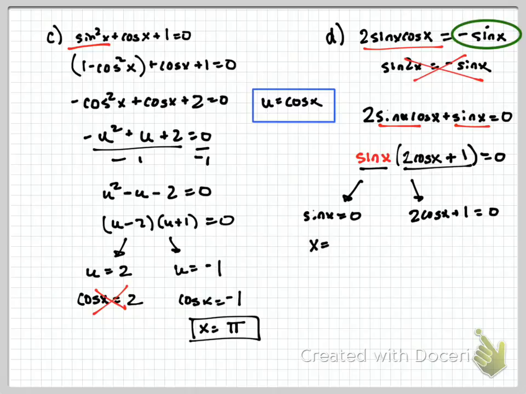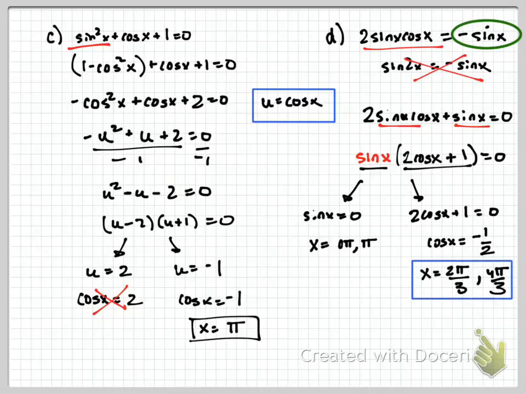Where's your y coordinate 0? 2 places, 0 and pi. And this will be cosine of x equals negative 1/2. Where's my x coordinate negative 1/2? At 2 pi over 3 and 4 pi over 3. And again, no domain on that. So that's 15. I hope that helps with 15.